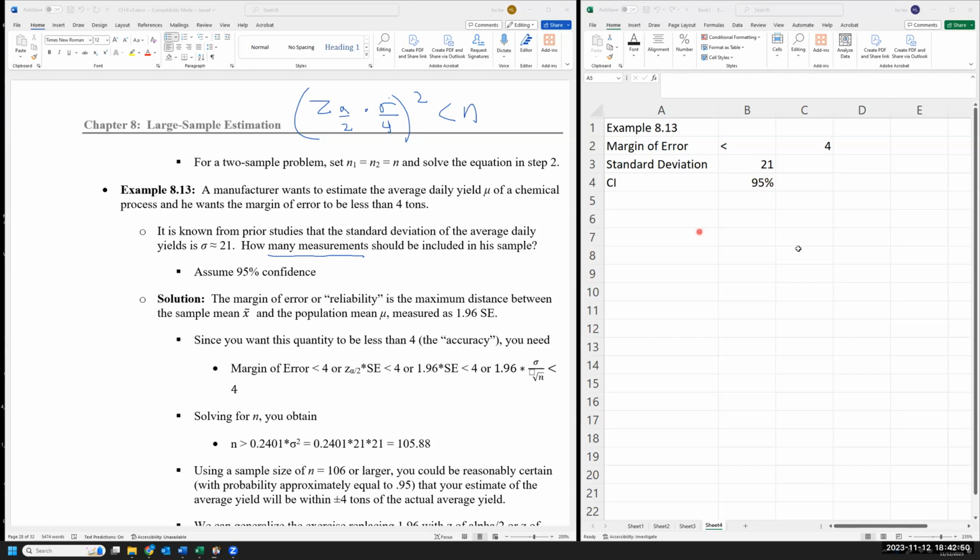Okay, so let's calculate it. We know what sigma is, which is 21. So I need to calculate z of alpha divided by 2. We know the confidence level is 95%, so alpha is equal to 1 minus 95%, so 5%. Alpha divided by 2 is 2.5%.